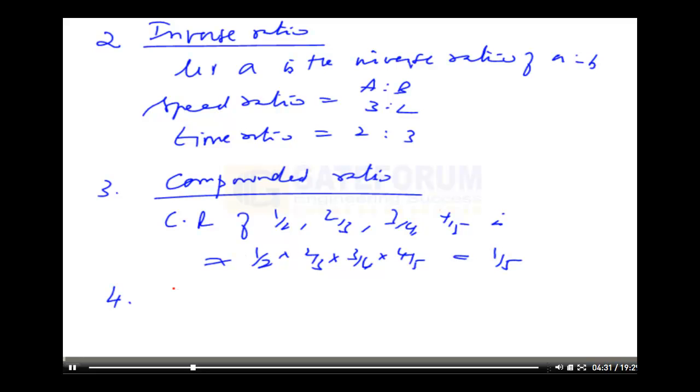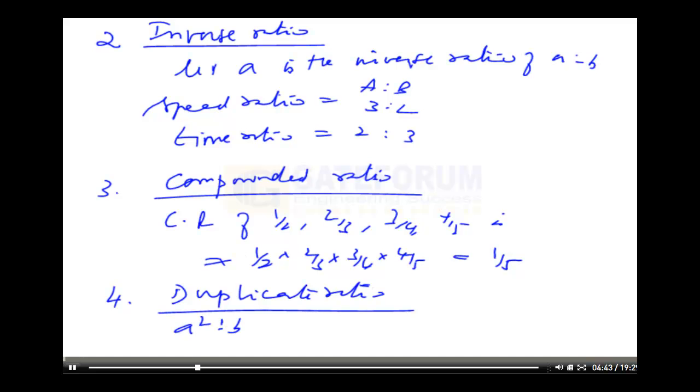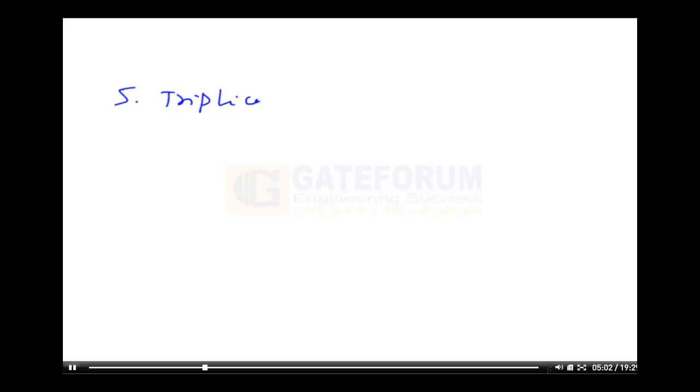Next, duplicate ratio. A square is to B square is called the duplicate ratio of A is to B. Number 5, triplicate ratio.